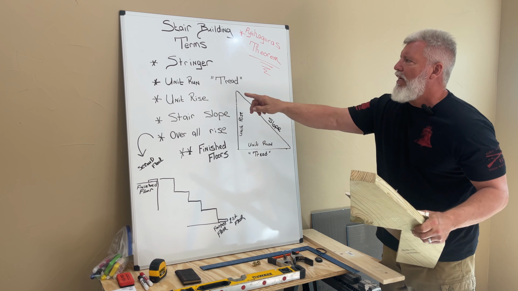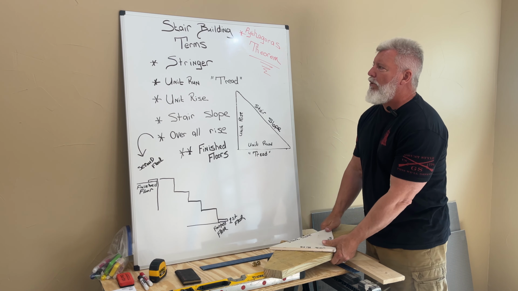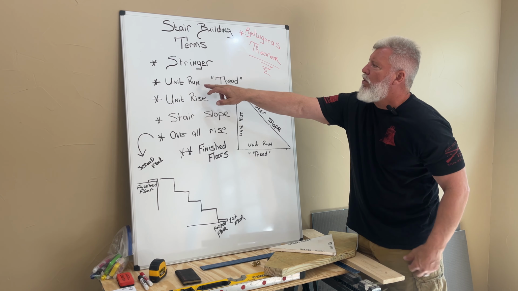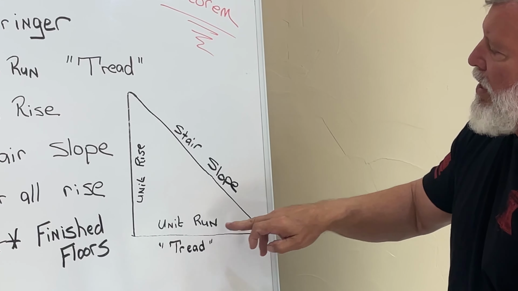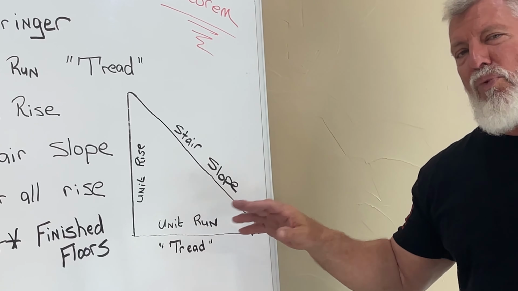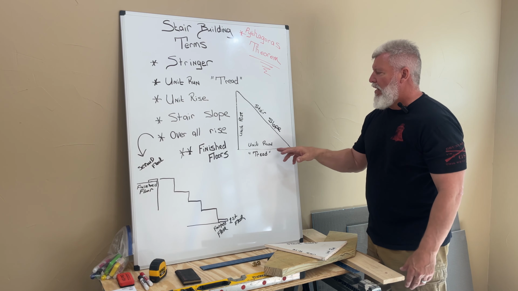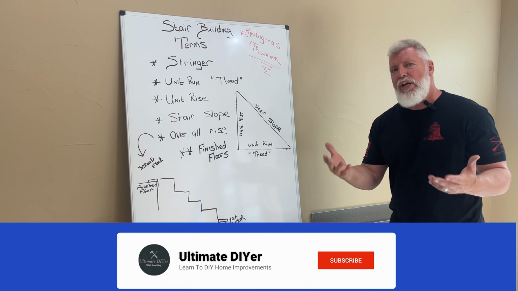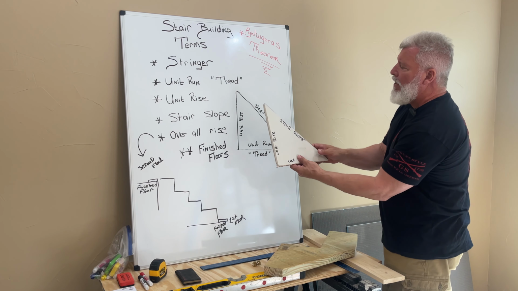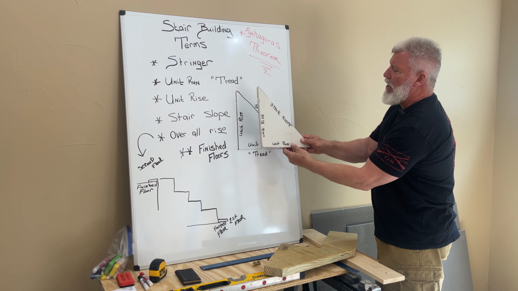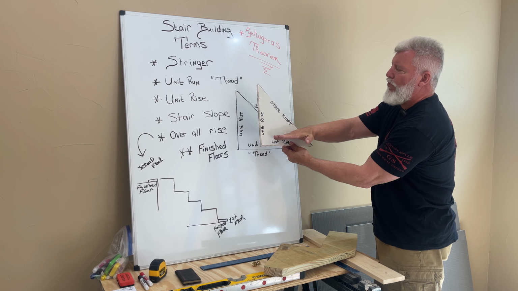The next term that you need to really know is your unit run, which is down here at the bottom. This is the same triangle, just drawn. So it's my unit run. Unit run is also your tread. You can remember tread by don't tread on me, don't walk on me. It's where you walk. So on my staircase, my unit run is where I'm going to place my foot.